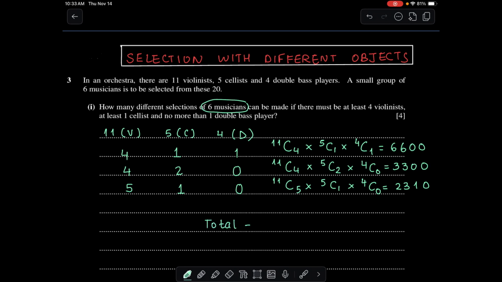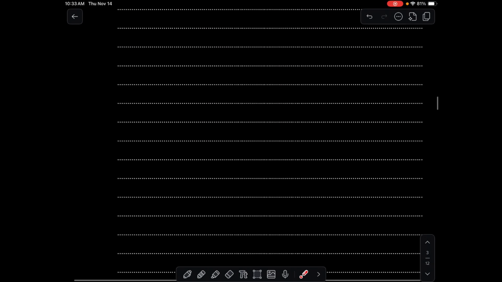So the total of all that is equal to, let's calculate, 6,600 plus 3,300 plus 2,310. That works out to be 12,210. So this is how we can do selections with different objects, right? Okay.